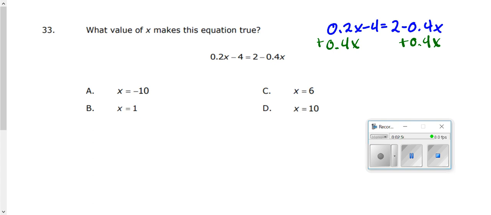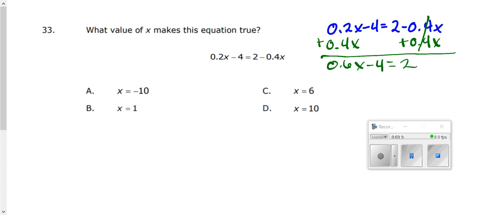Okay, after adding 0.4x on both sides, it eliminates 0.4x on the right side, and I'll be left with 0.6x on the left, minus 4 equals 2.